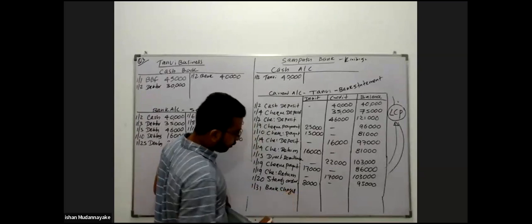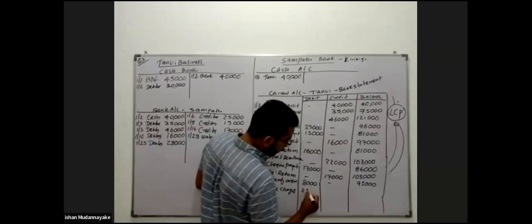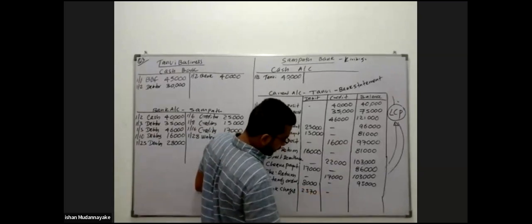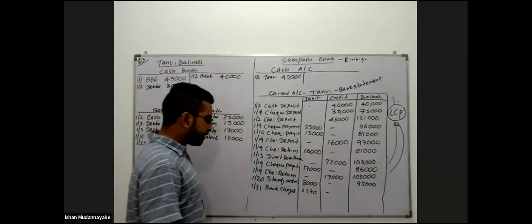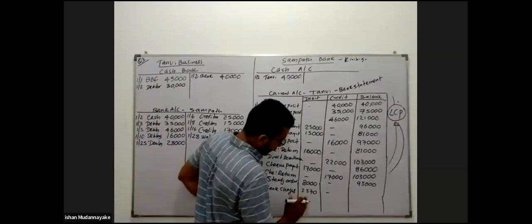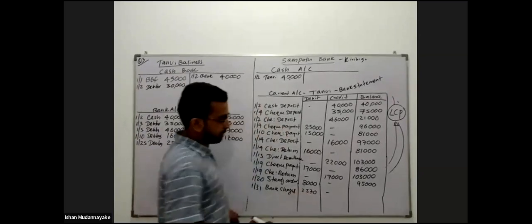On 31st January, write down bank charges 2,570. The bank charged 2,570 from us.